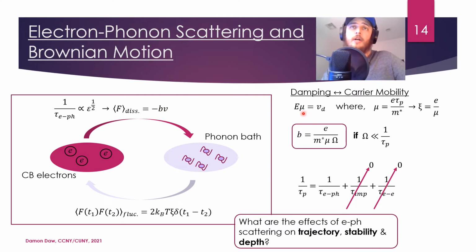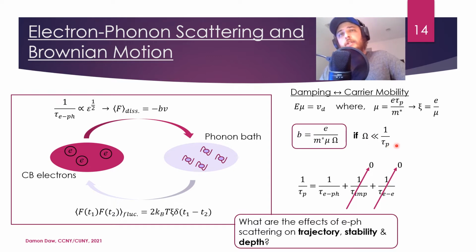This mu is known as the carrier mobility, and you can rearrange some terms and quantify the damping in the system using the mobility in a pretty straightforward way.